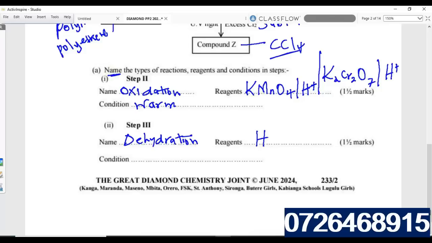If they said identify, you could write another thing. But for the name, here you write acidified potassium manganate 7.